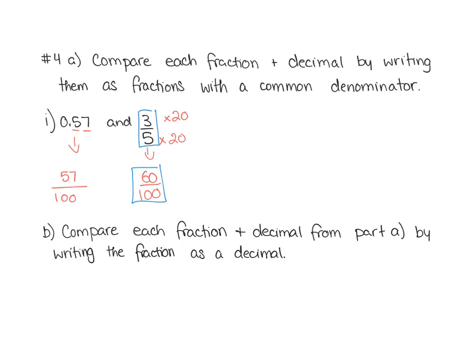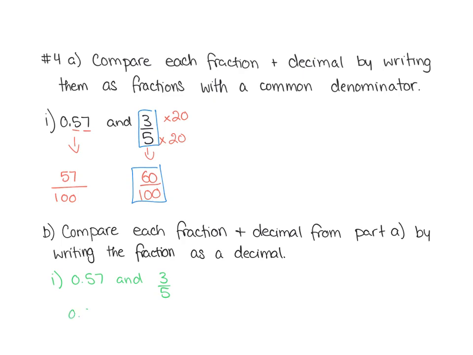Question B asks you to compare each fraction and decimal from part A by writing the fraction as a decimal. So we're going to look at one again. So we have 0.57 and 3/5. This time, instead of making them both fractions, we're making them both decimals.